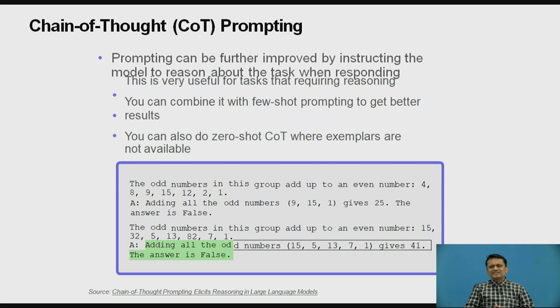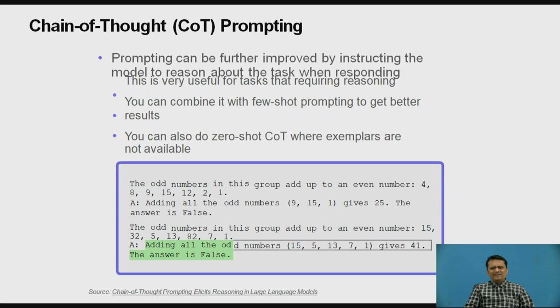If examples are not available, you may go with zero shot CoT also. If you look at this particular prompt, the numbers are given, and then a step by step procedure, like adding all the odd numbers. Adding them gives me the result 25, and 25 is an odd number, so hence the answer is false.